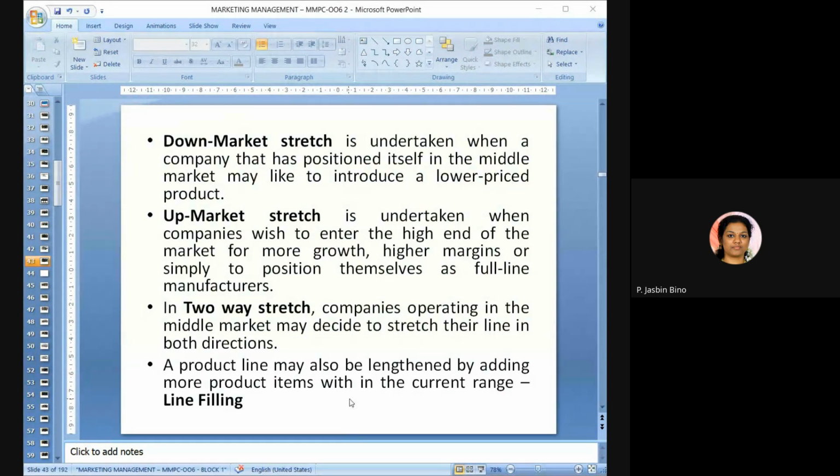Then a product line may also be lengthened by adding more product items within the current range. For example, I gave you the example of HLL product mix, right? In that product line they will be filling in new products, lengthening that particular line. For example, in bath soaps they will be adding more products.